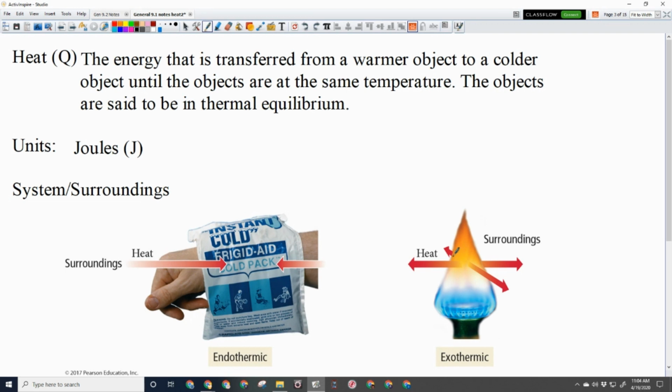So when heat is leaving the system to the surroundings, that's called exothermic. Thermic again meaning heat. Exo means going to the outside.